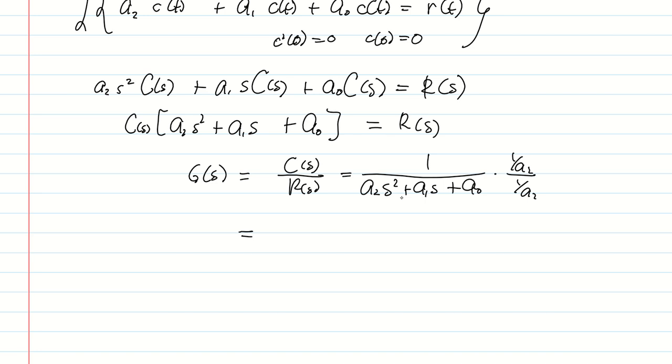The transfer function now becomes 1 over a2 all over s squared plus a1 times 1 over a2 times s plus a0 over a2. So this is now our transfer function of a second order system.